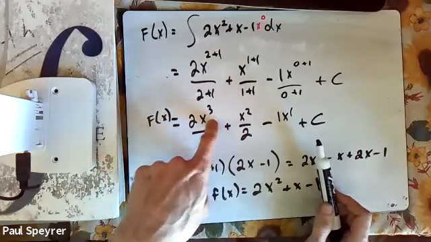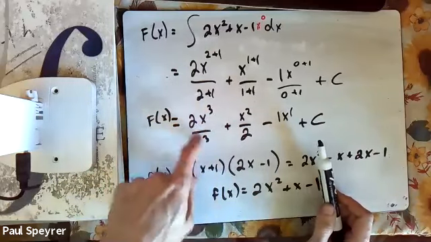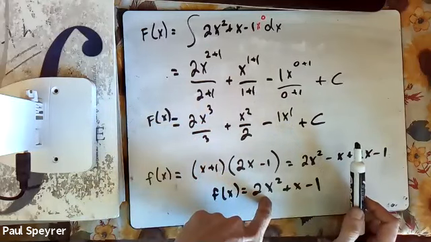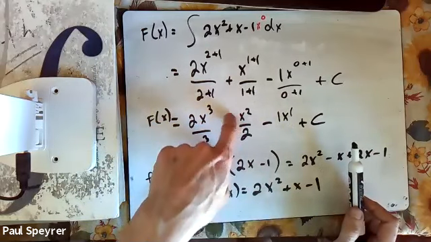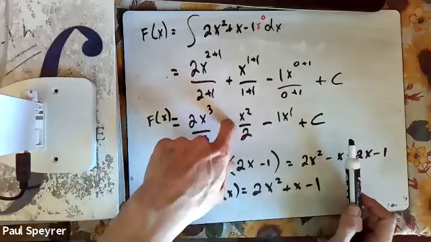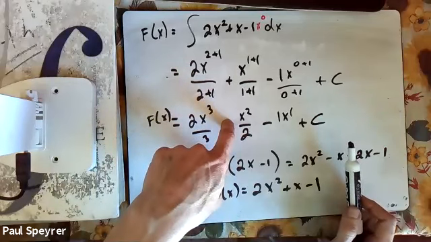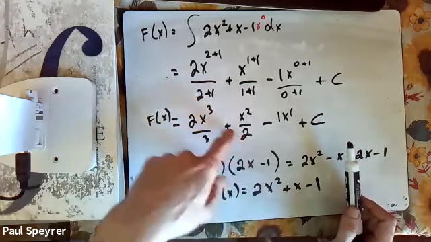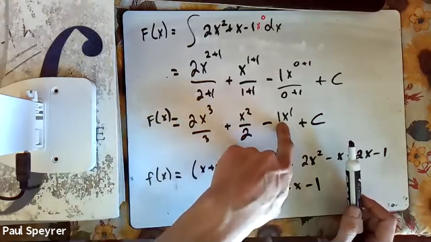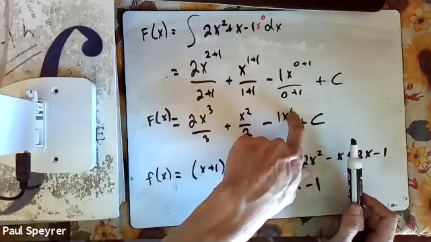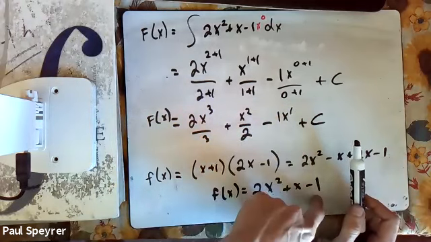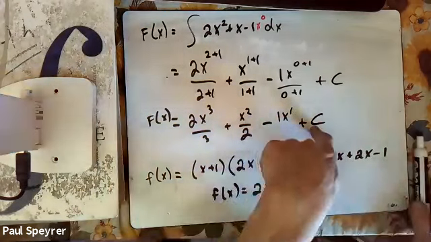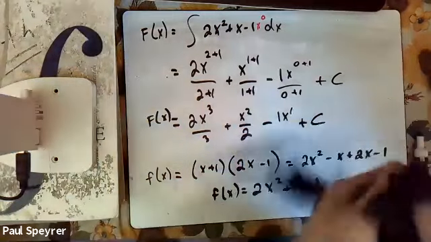Well, you would get 6x squared over 3. What's 6 over 3 reduced to? 2. Right here, what happens when you derive x squared over 2? You get 2x to the first over 2. 2 over 2 reduces to 1, so you get 1x. And then what's the derivative of 1x to the first power? It's just 1, right? And the derivative of a constant is 0.